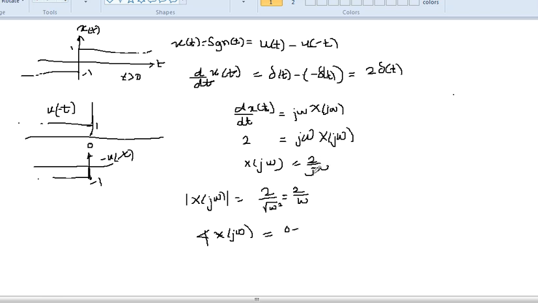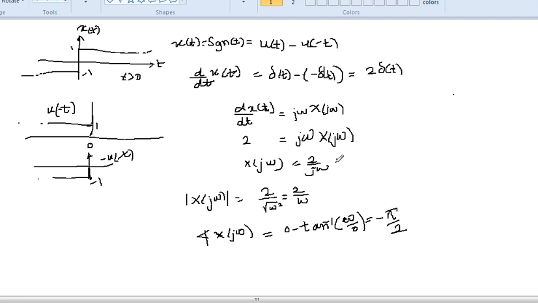Minus denominator means it is a j, so we can think of it as 0 plus j, so tan inverse of y by x, but our y exists while x is 0, so tan inverse of omega divided by 0, which makes it infinity, which is nothing but minus pi by 2.